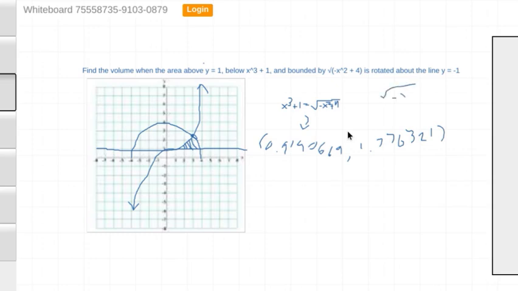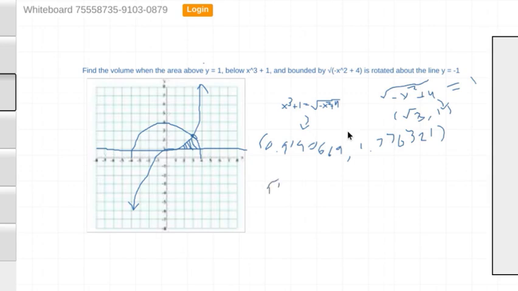Next, let's find the other point of intersection. We have root -x squared plus 4 equals 1. Also plugging this into our calculator, we get root 3, comma 1.